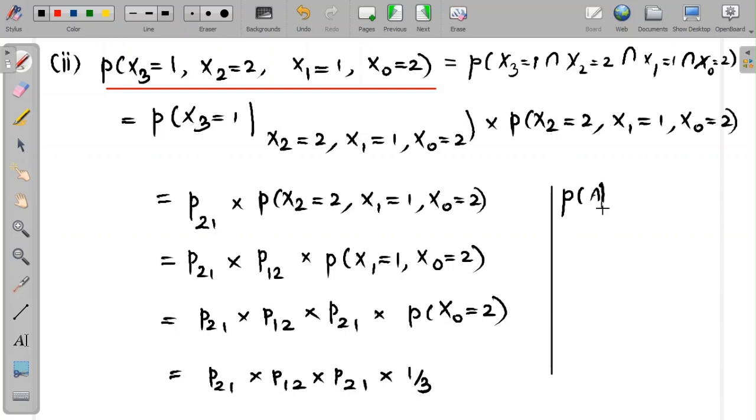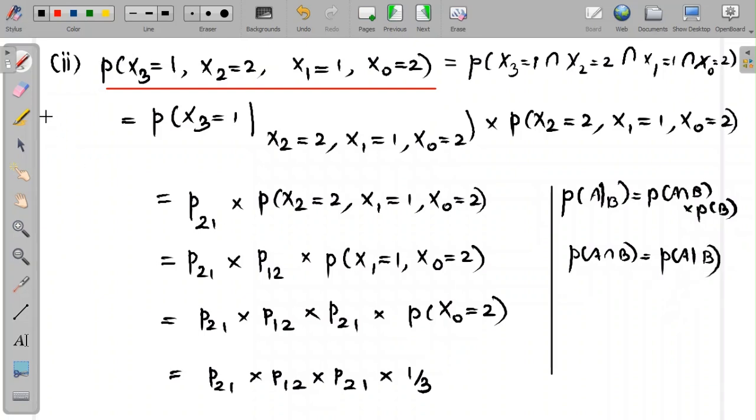P of A given B is P of A intersection B divided by P of B, or in other words, P of A intersection B is P of A given B times P of B.